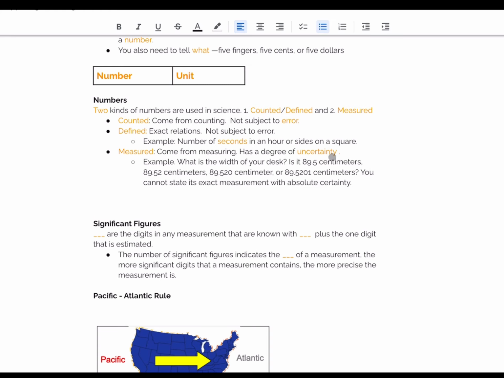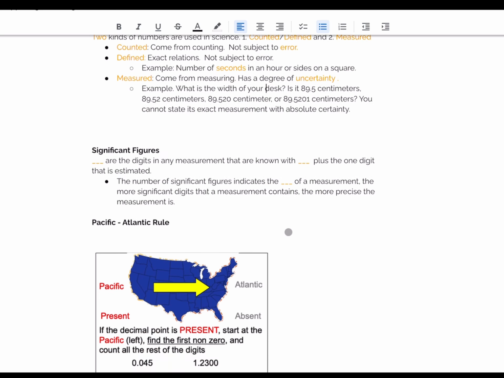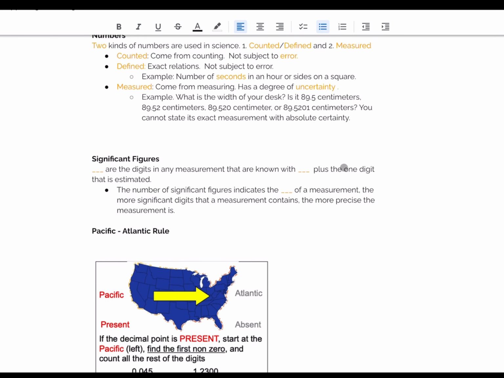Well, is it really 89.5 centimeters, or is it 89.52, 89.520, etc.? That being said, we cannot state with exact, absolute certainty what the measurement is. So counted and defined numbers are not subject to error, and something that we measure is subject to uncertainty and subject to error. This is where we get into significant figures, because not all numbers are exactly the same, particularly when we're dealing with this measured category.